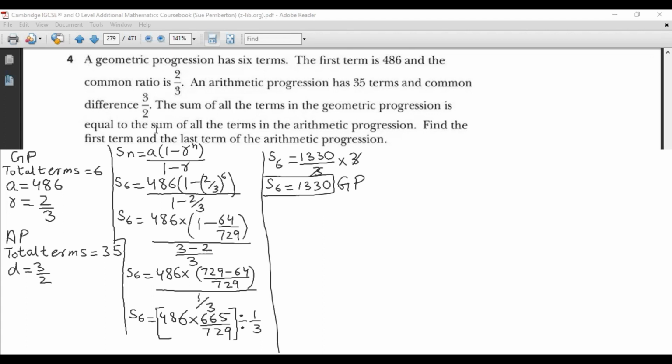Now after that they are saying the sum of all terms in the arithmetic progression. Okay, so now we are going to talk about the arithmetic progression over here.